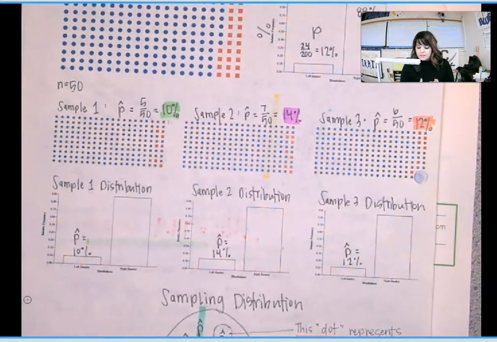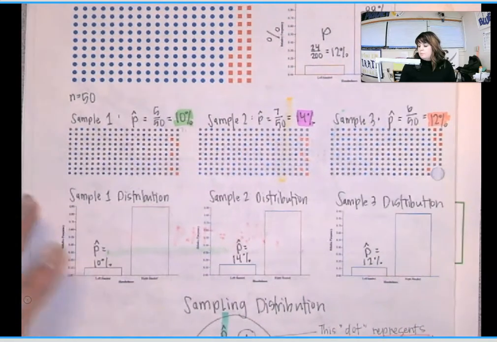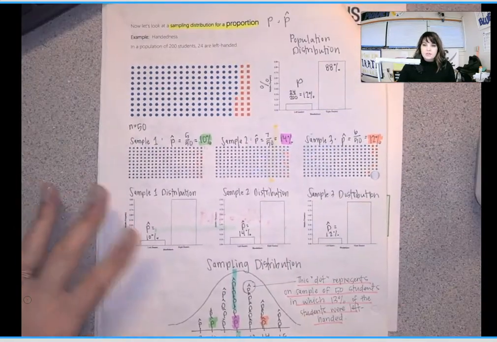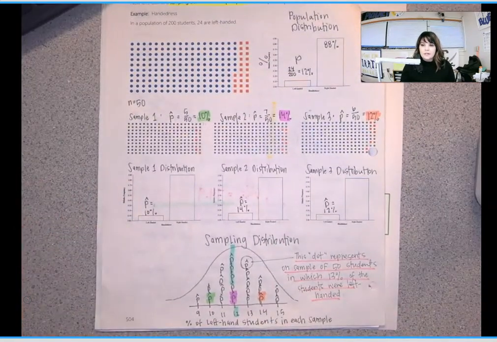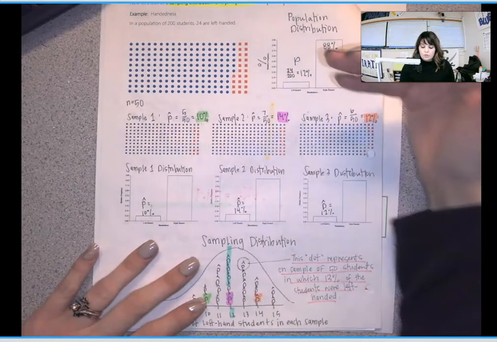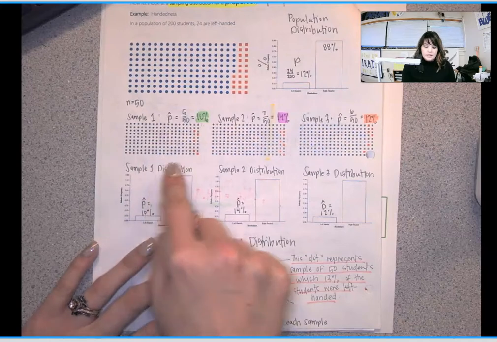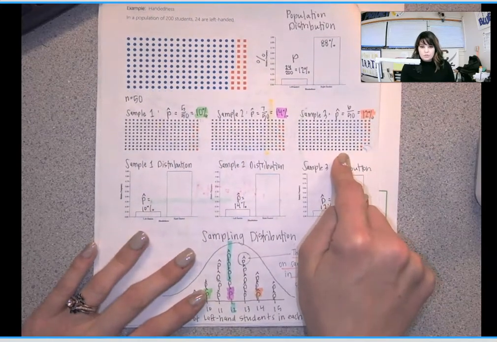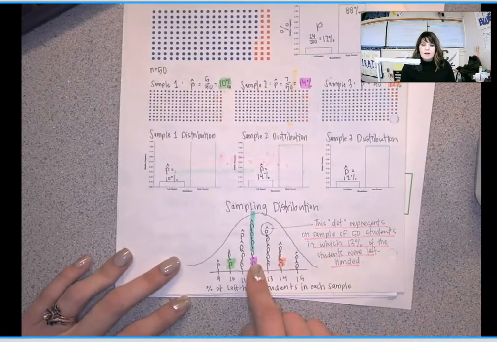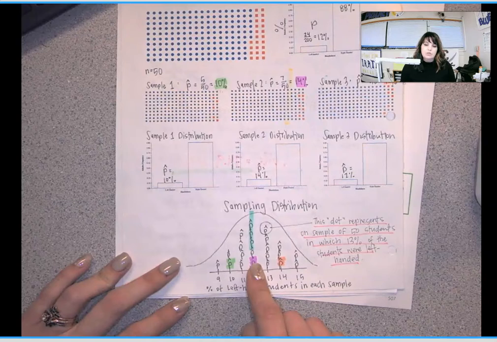And I think that the best page for showing you the difference between the three things is this page. You have your population distribution, you have your individual sample distributions, and then you have your sampling distribution.